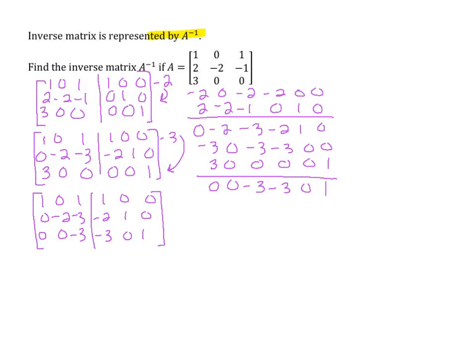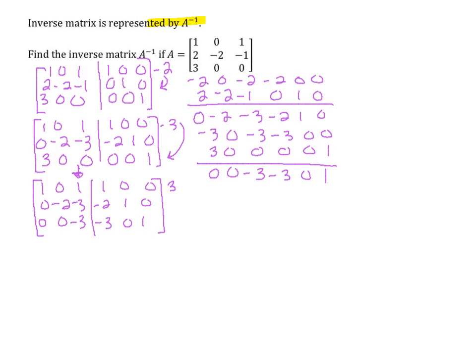Okay. We now need to get our very last column here. We need to have a 0 in the 1 spot and a 0 in the middle negative 3 spot. So it looks like I need to multiply my bottom row by 3 and add it to my top row.